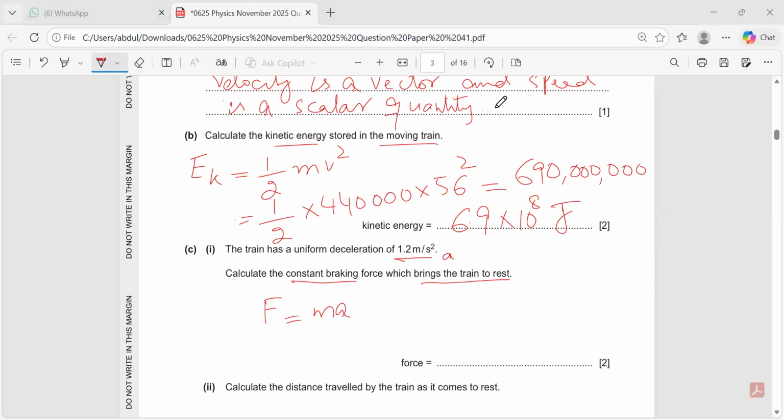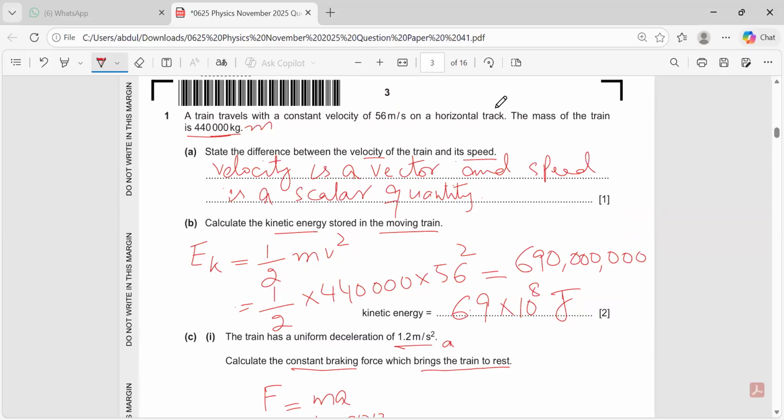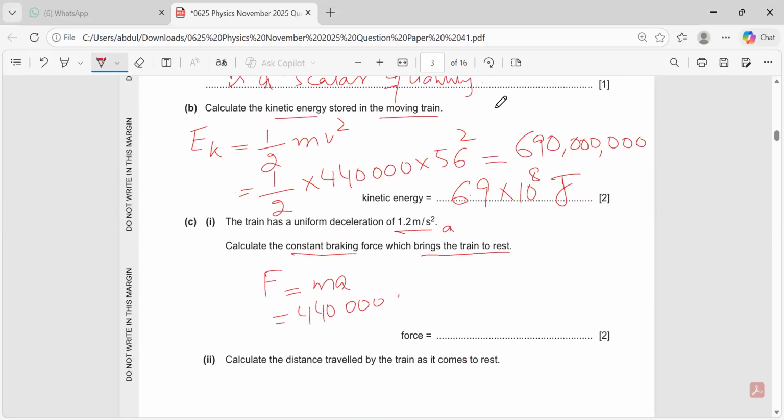So mass is there. How much is the mass? 440,000. It is given in the first line. And acceleration, he gave himself, 1.2. That is deceleration, but no need to worry about that. We are talking about the magnitudes.